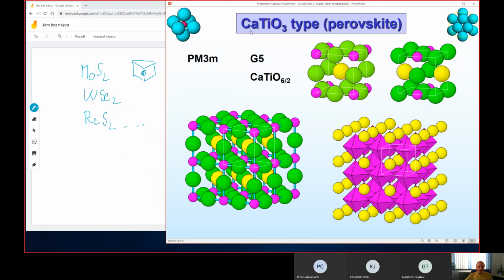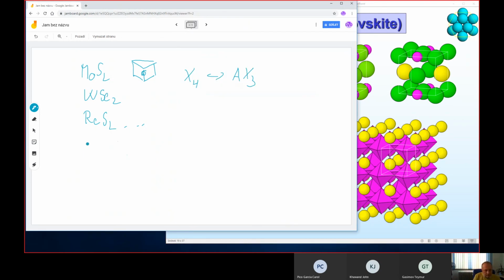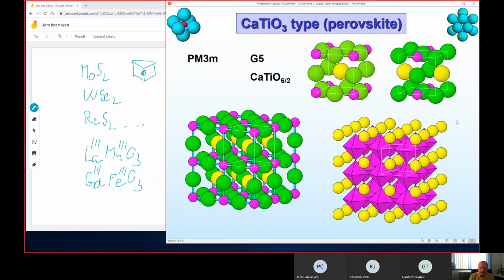We can have a divalent large cation and a tetravalent small cation, but we can also have both cations trivalent, like LaMnO3 or GdFeO3, where we have a trivalent small cation and a trivalent large cation. So this is a perovskite structure. It is a primitive cubic unit cell, Pm3m.